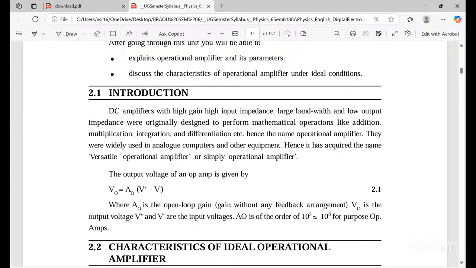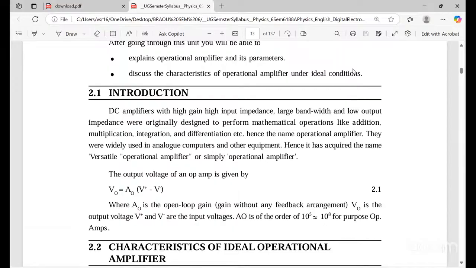What are the mathematical operations? Addition, subtraction, multiplication, integration, differentiation, etc. So many are there. Hence the name operational amplifier. They were widely used in analog computers and other equipment. It has acquired the name versatile operational amplifier.